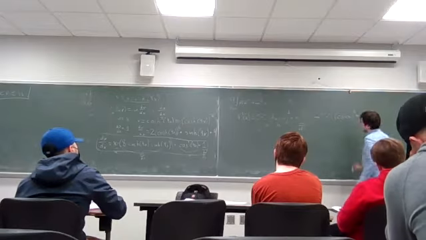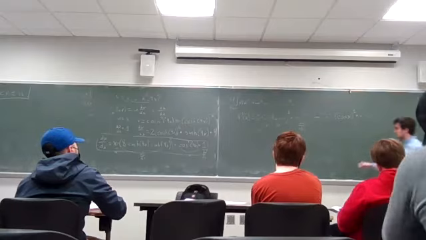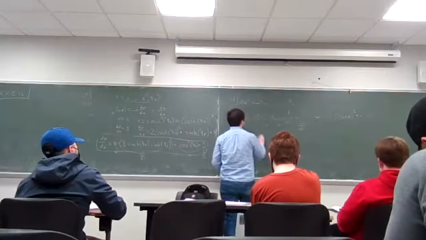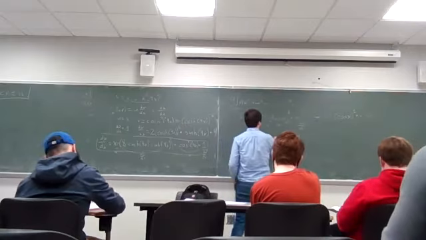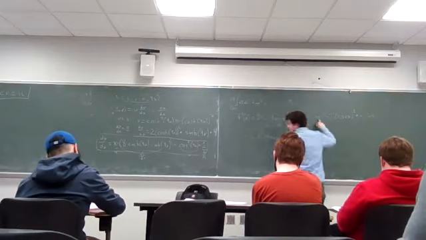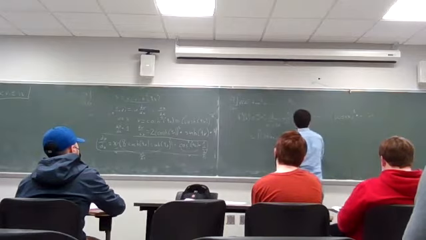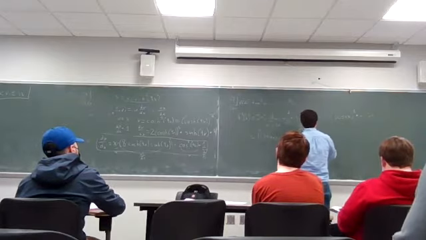Good. Then you can simplify: 5 times 2 is 10 tangent x secant squared x. Now notice we have minus and minus, so that just becomes plus 6 cosine x sin x.